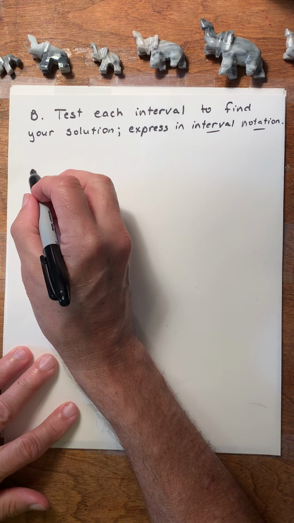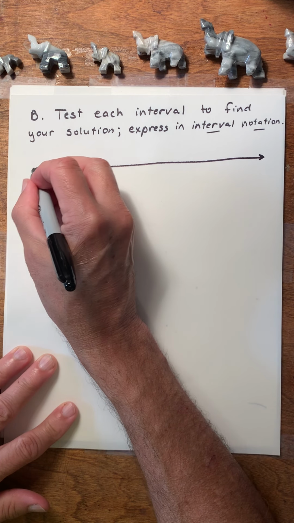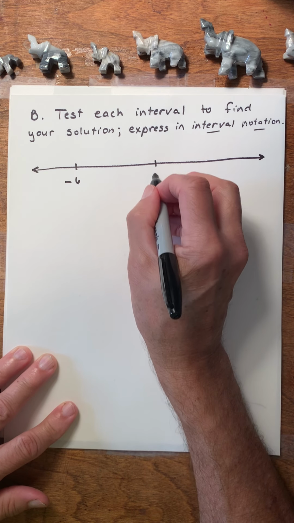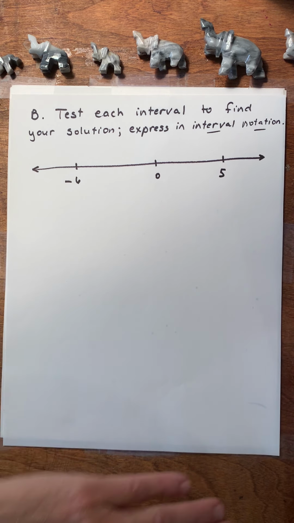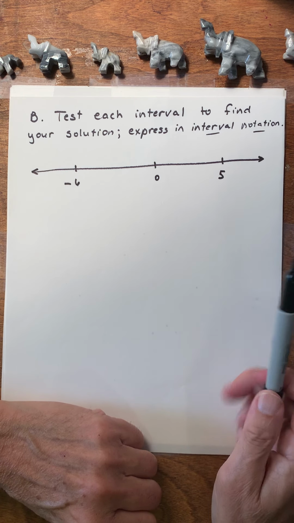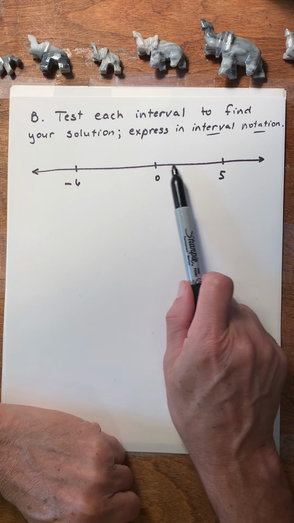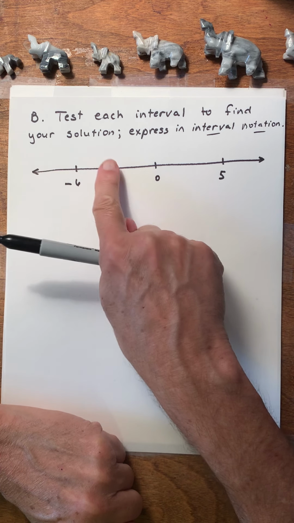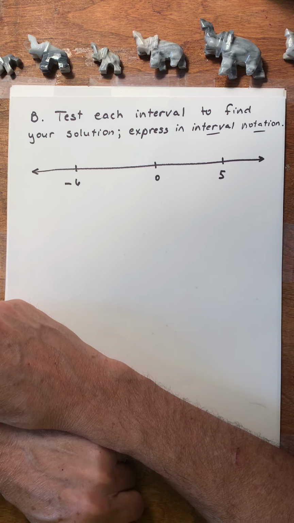because it asks me to test each interval. And keep in mind here, I have 4 intervals. This one, this one, this one, and this one. How am I going to find out which of these intervals is in the solution set and which of them is not?